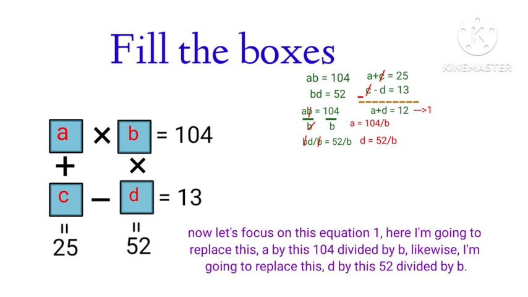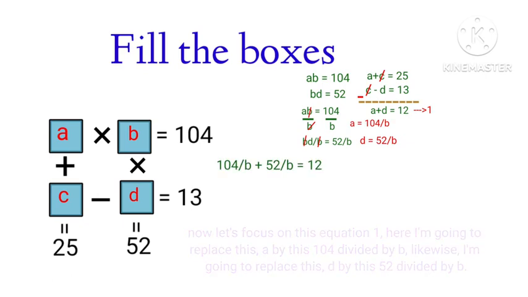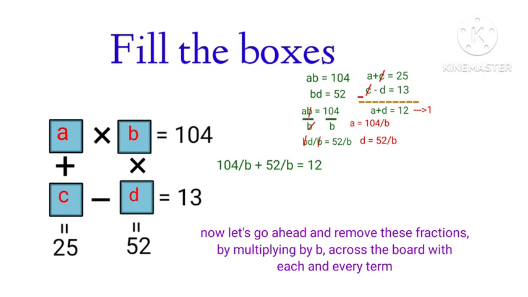Now let's focus on this equation 1. Here I am going to replace this A by 104 divided by B. Likewise, I am going to replace this D by 52 divided by B. Now let's remove these fractions by multiplying by B across the board with each and every term.